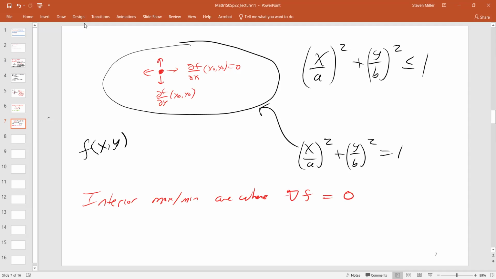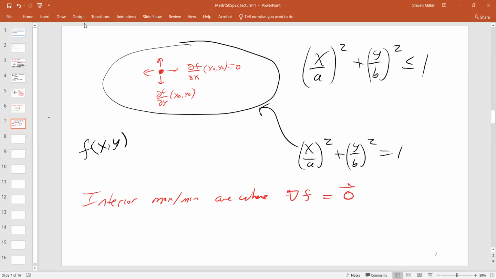That's the zero vector. It's saying all the partial derivatives must be zero.